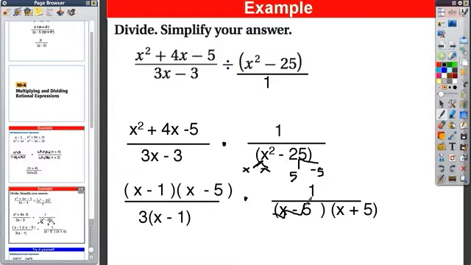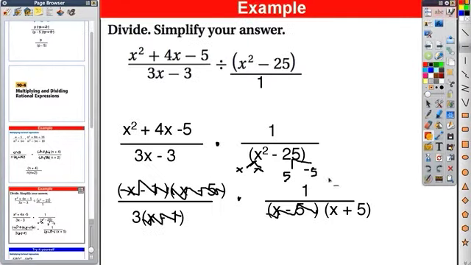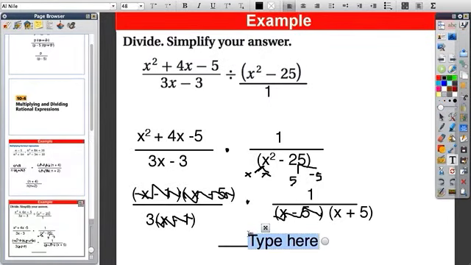So x minus 5 here goes with this x minus 5. And x minus 1 here goes with x minus 1. Now I'm left on top with 1, and 3 and x plus 5. So your answer is going to be 1, and on the bottom I'm going to have 3 times x plus 5. And that's your answer right there.